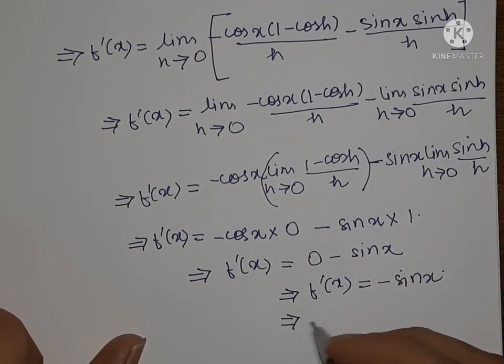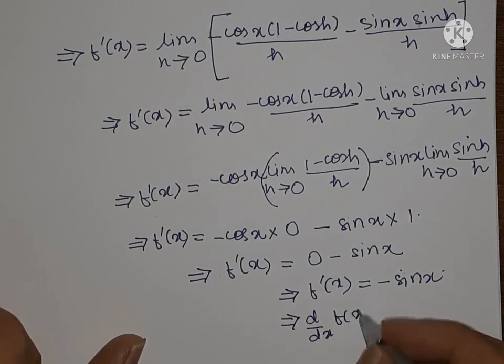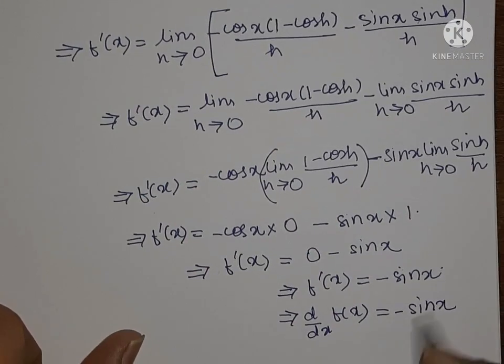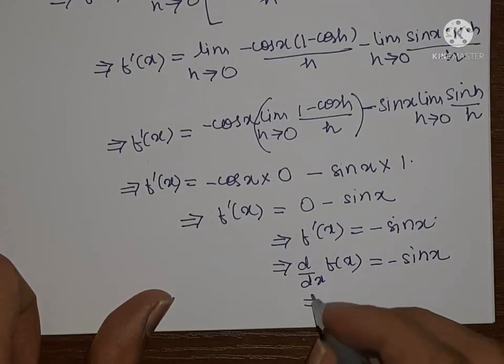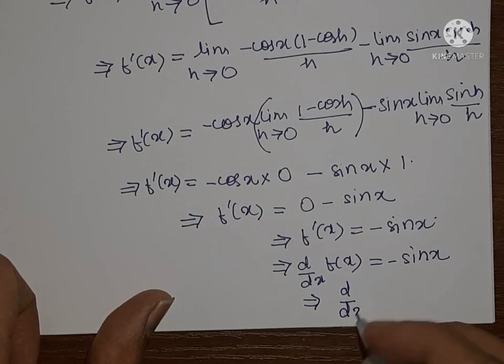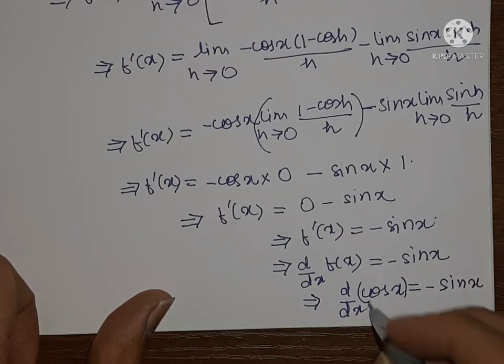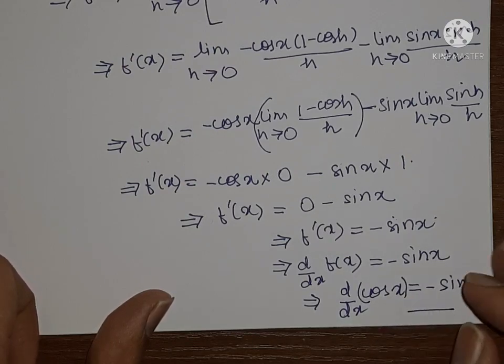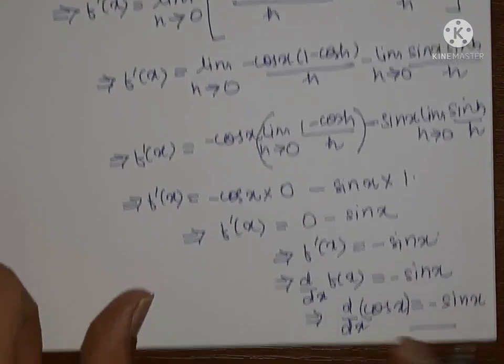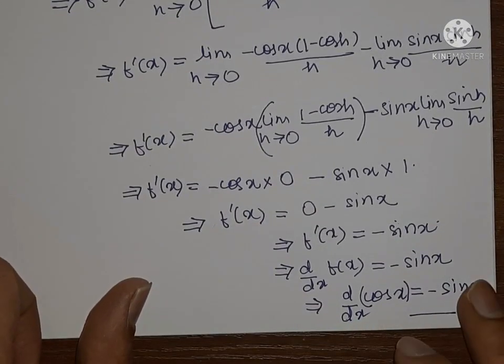And this implies the derivative of f(x) is equal to minus sin x, and that means the derivative of cos x is equal to minus sin x. Okay, so this is the answer of problem number 10, right?